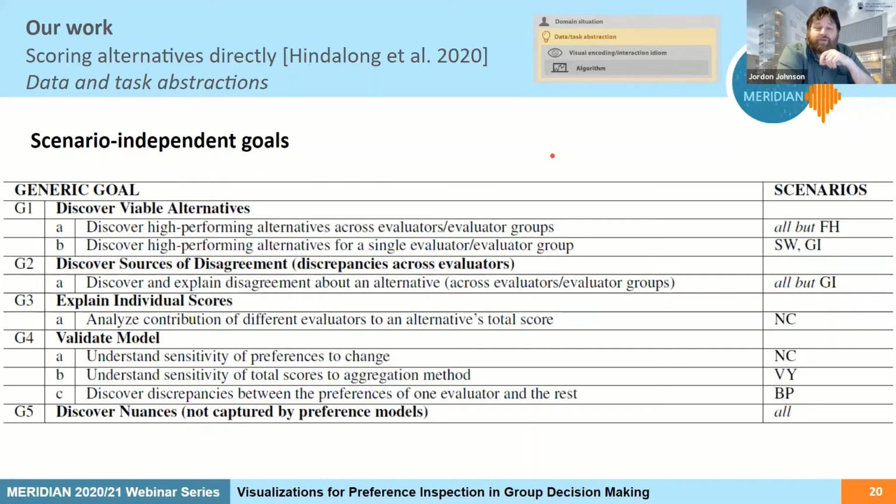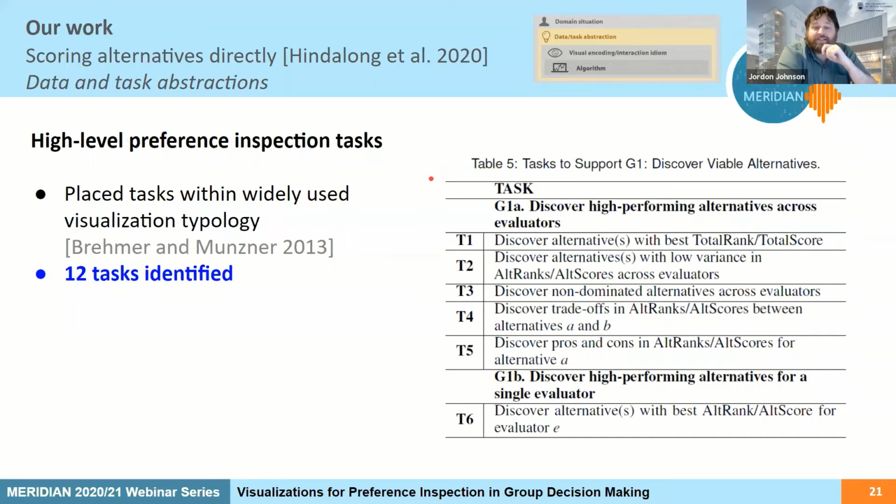Once we have those, we're able to identify analysis tasks that support those goals. We identified 12 such tasks when it comes to scoring alternatives directly. And as we note, 6 of those 12 are for the first goal, discovering viable alternatives.